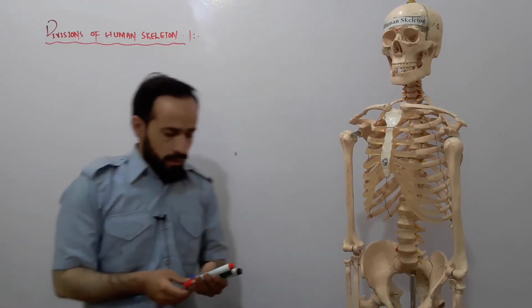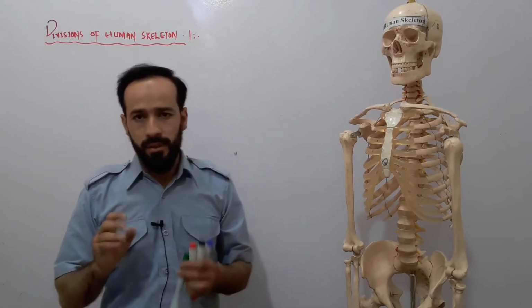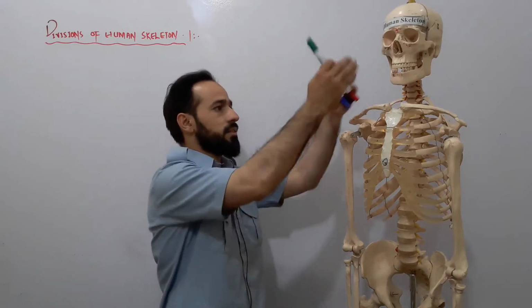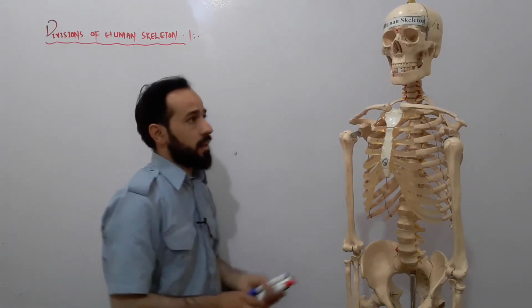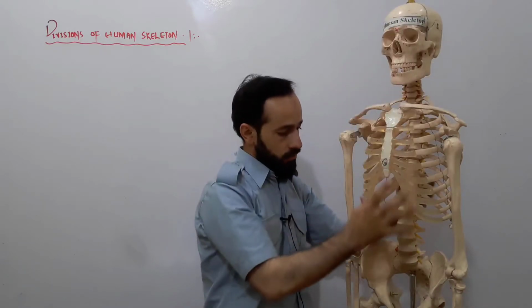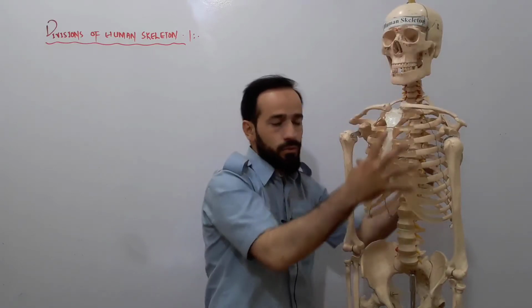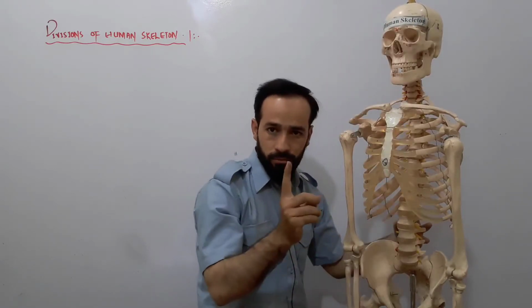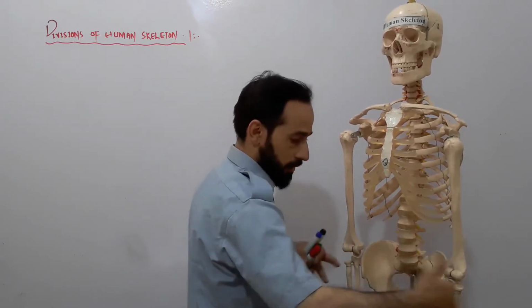We should know that our skeleton is divided into two parts, right? The skeleton is divided into two major regions. The first is that skeleton in your body or in my body which is present totally in the center of your body, right? And that skeleton which is present in the peripheries of your body.